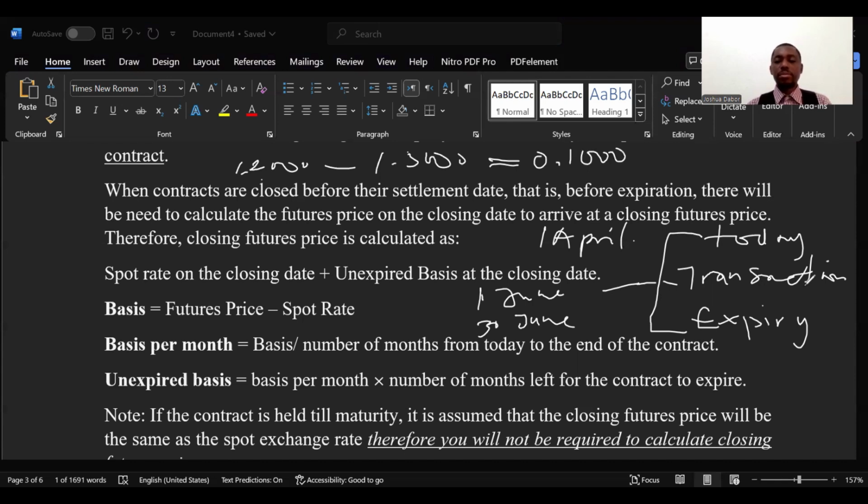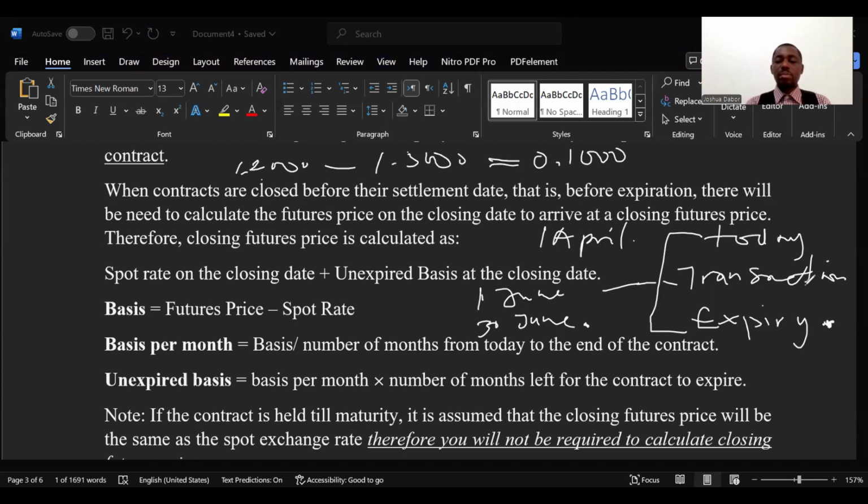So this basis is expected to be 0 at contract expiration. So if you hold the contract to expiration, the basis becomes what? 0. But if for any reason you close out the transaction before this closing date, which is 30 June, then that means you need to calculate basis, right?